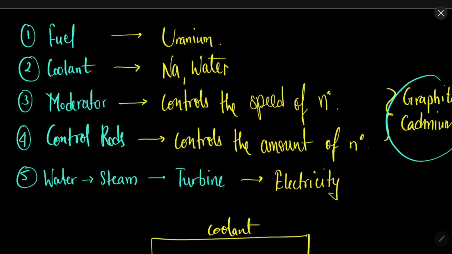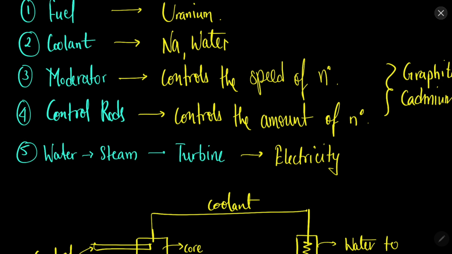These are usually made up of graphite or cadmium. And ultimately what happens is that the heat from the uranium atoms' fission is given to water, which gets converted into steam, and this steam is given to turbine. Steam with high speed is given to turbine, and turbine rotates to form electricity by the process of electromagnetic induction.